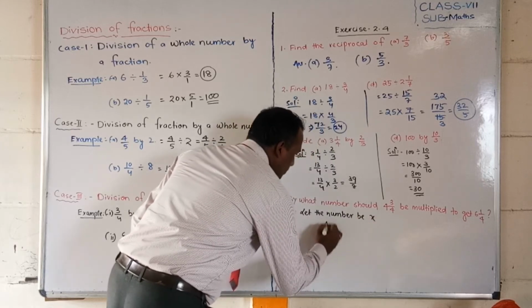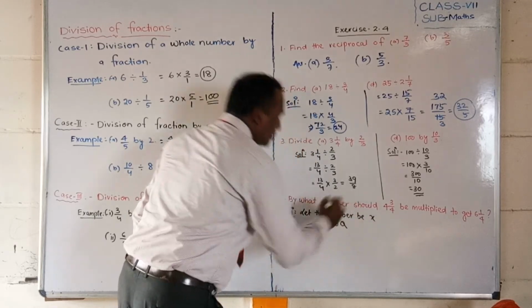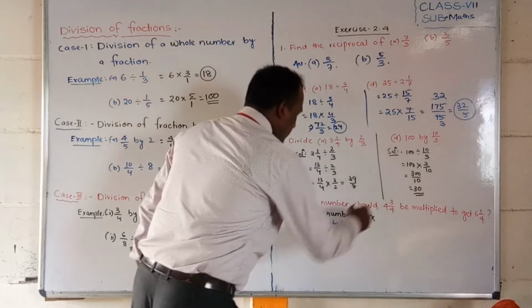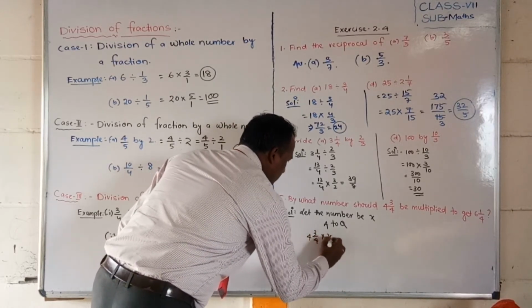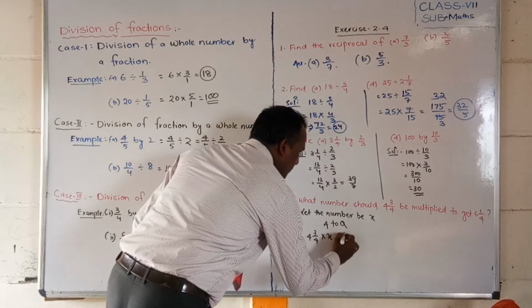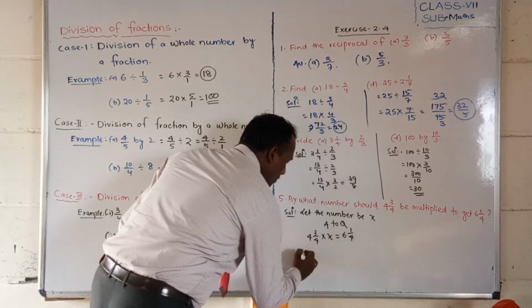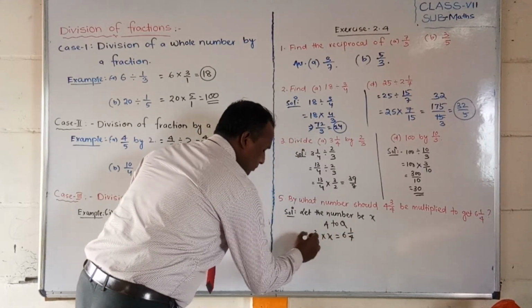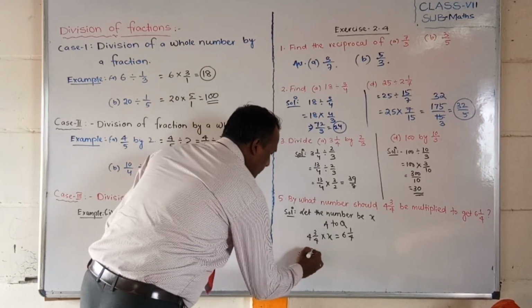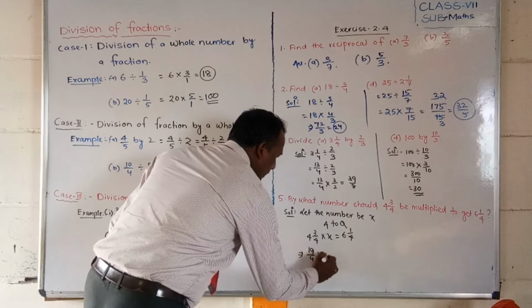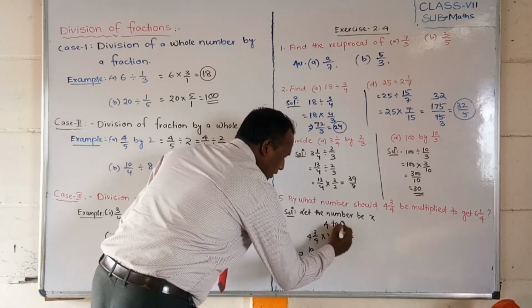According to the question, 3 whole 3 by 4 into x is equal to 6 whole 1 by 4. We have to change the mixed fraction to an improper fraction. 4 4s are 16, 19 by 4 into x is equal to 6 4s are 24, 25 by 4.